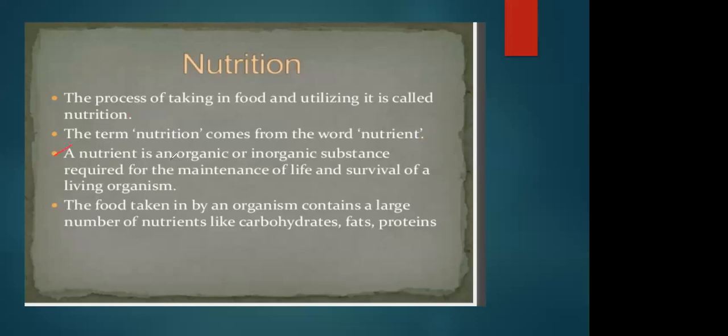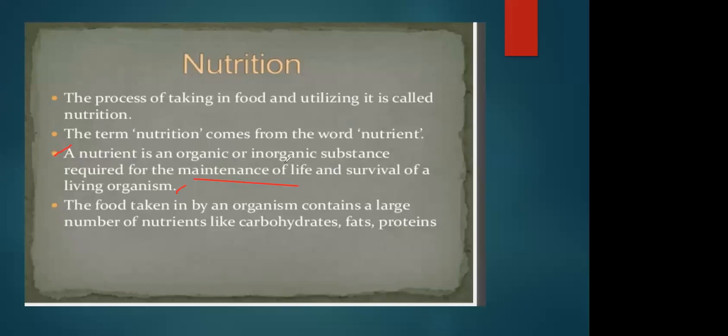A nutrient is an organic or inorganic substance required for the maintenance of life and survival of living organisms. Same, it looks like a life process, no children? It is required for the maintenance of life and the survival of the living organisms.